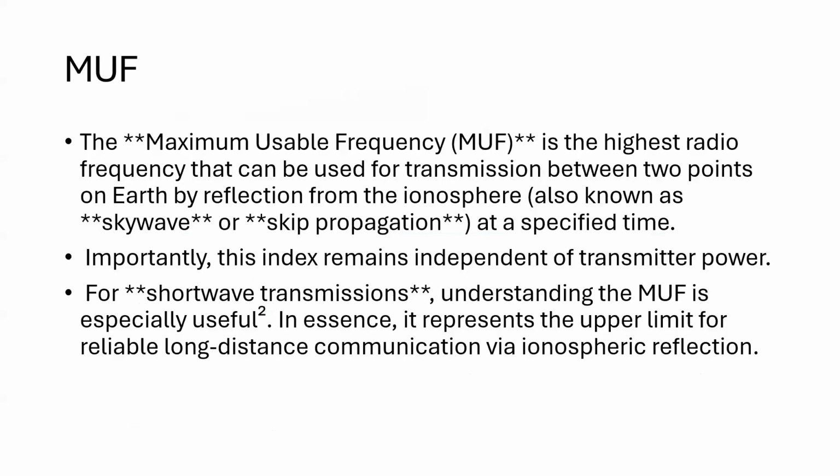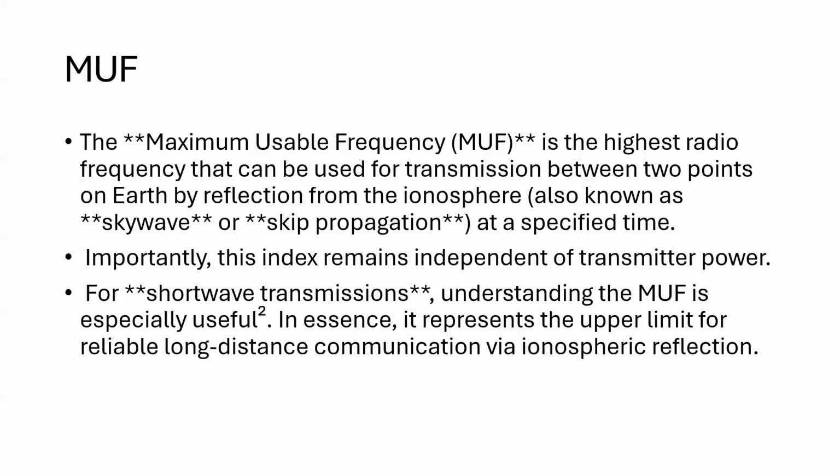So maximum usable frequency is the highest radio frequency that can be used for transmission between 2 points on Earth by reflection from the ionosphere. And one notable thing, well, this kind of propagation is called skywave propagation, or skip.